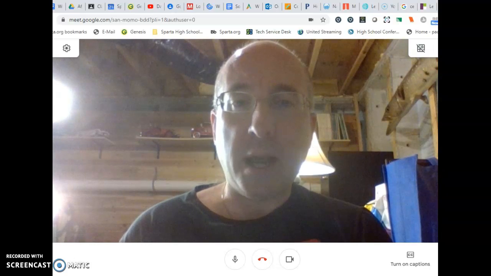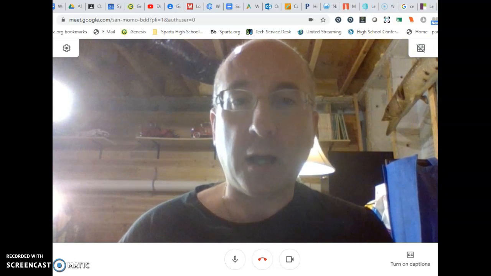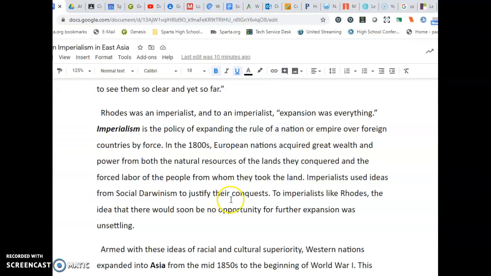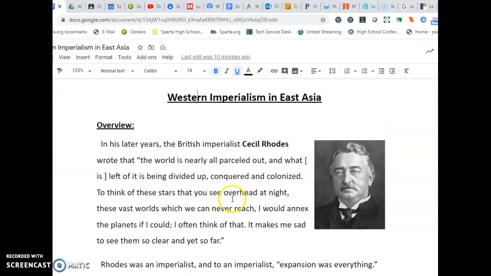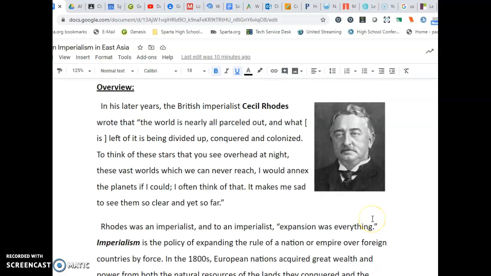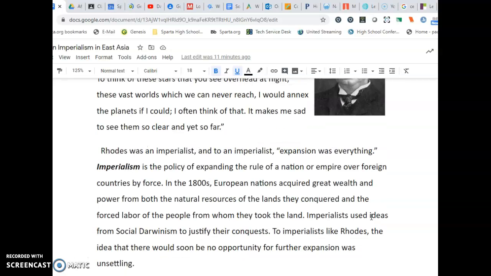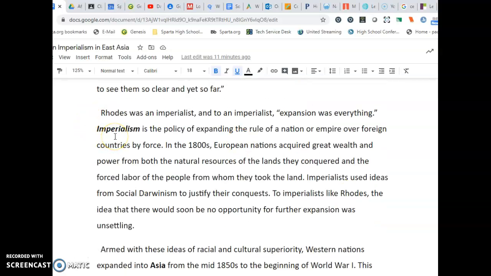Let me go over with you right now what you're going to see in that Google Doc. The first thing that you will see is this man's picture. That is Cecil Rhodes, who we've discussed regarding this new imperialism in Africa. And there's a quote by him. You're also going to see in bold the word imperialism, which we have defined as a policy in which a stronger nation attempts to create an empire by dominating weaker nations or areas of the world.